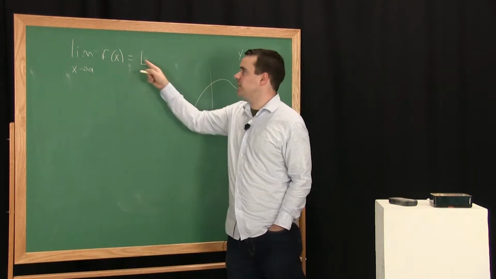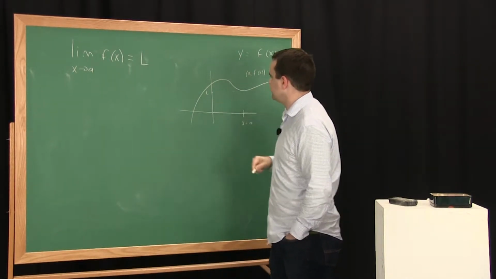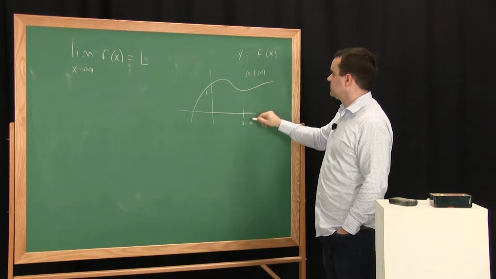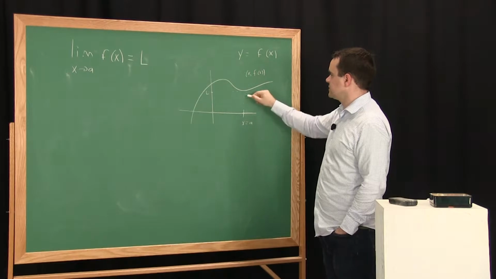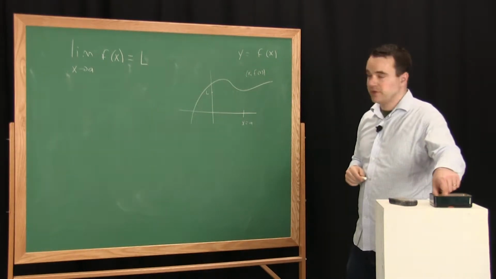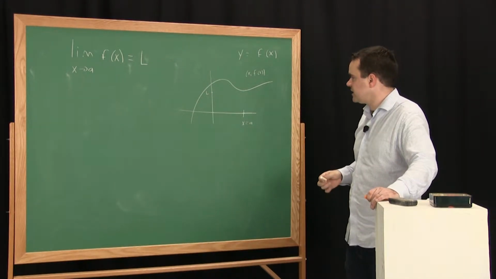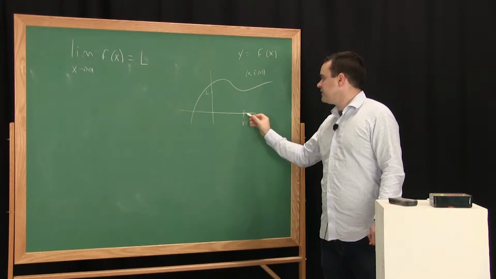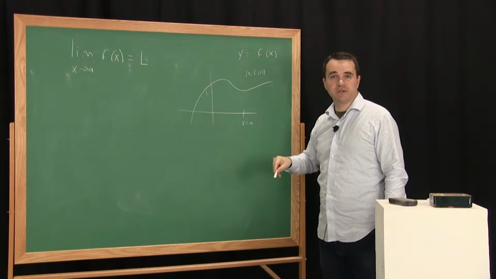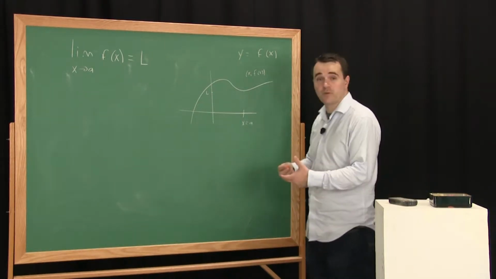And so your y values are the things that are limiting to L. So that'll be the number L, and this would be the point x equals a and y equals L. And if you want to informally say the limit as x goes to a of f of x equals L, then what you're saying is that if the x values are close enough to a, then the y values must be close to L. And let's start to formalize that.